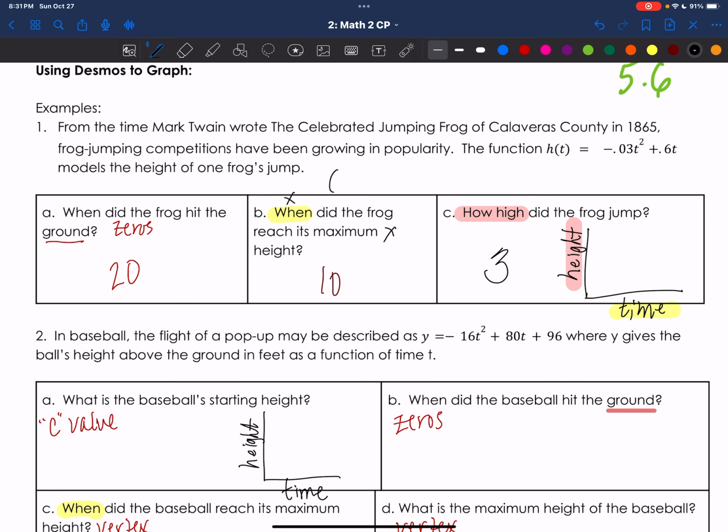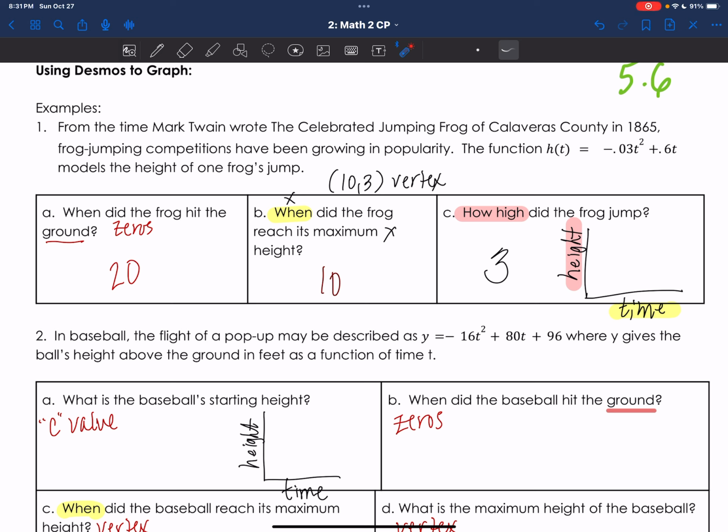And we said the vertex was 10, 3. So that makes sense that you have 10 here because it's the when, which was your time. And then how high the frog jumped was your height, and that was your y. In this case, the vertex was at 3. So our answer is 3.